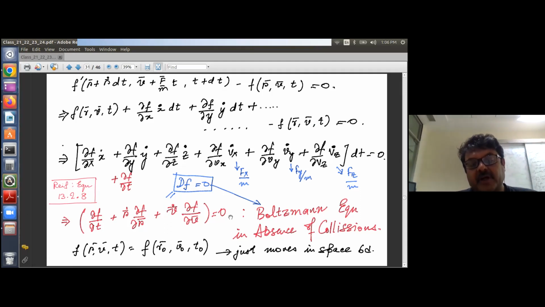But in reality, there are collisions. So there is an explicit time dependence in f because of collisions in a small time interval dt. The number of particles moving in a particular v direction actually changes, because some particles, due to collisions, start moving in different directions.